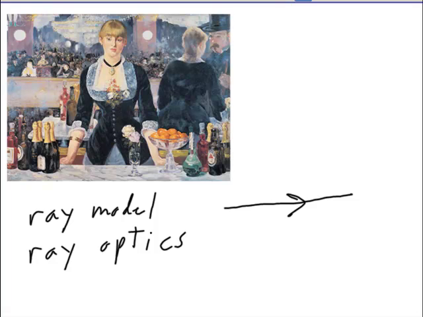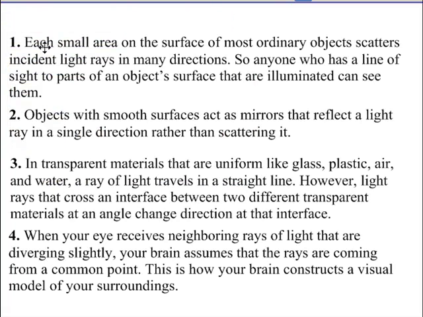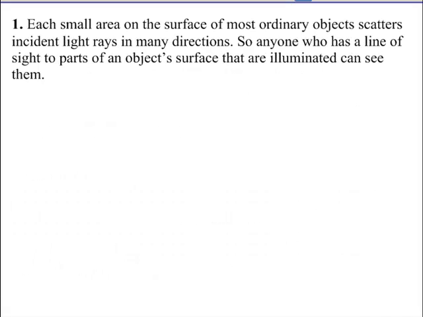So there are a few key ideas about how light travels, and you've probably heard many of these before. First off, each area of a surface of most ordinary objects scatters incident light rays in many directions. As a result, anyone who has a line of sight towards the object can see it.